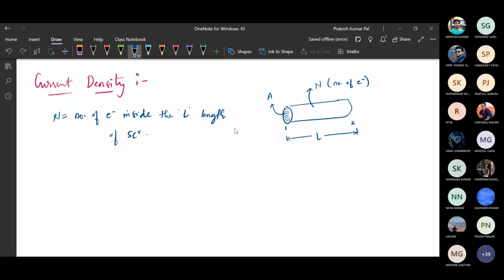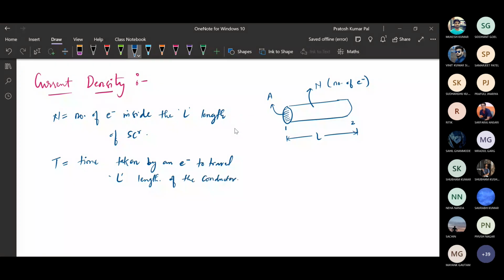So here we are considering t as the time taken by an electron to travel the L length of the conductor.